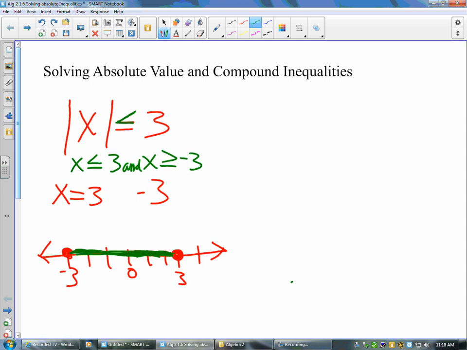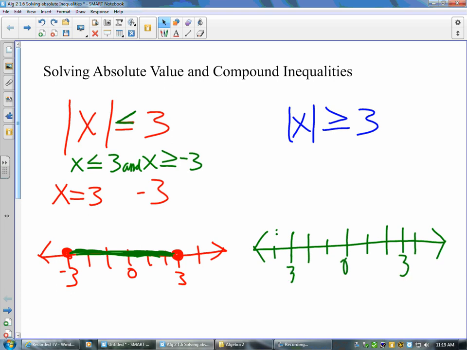Okay? Now take a look at what happens if we flip the sign. Say I'm given the absolute value of x is greater than or equal to 3. Well, when we solve this, we know that x is going to be greater than or equal to 3. There's our positive case. And then for the negative case, remember, you flip the sign and make it negative 3.